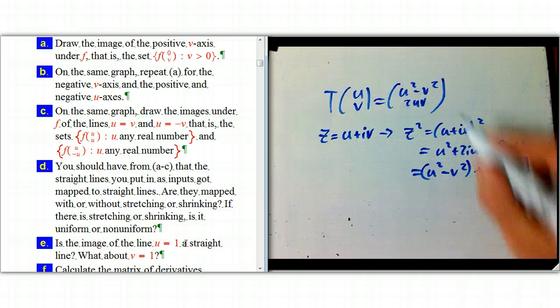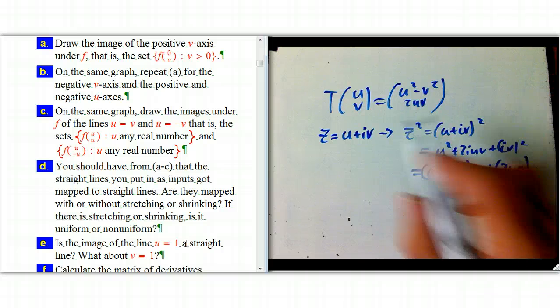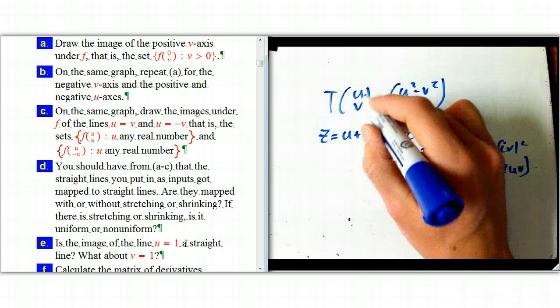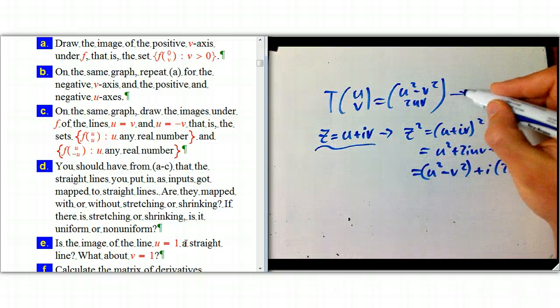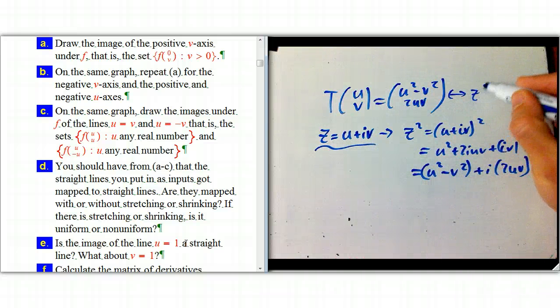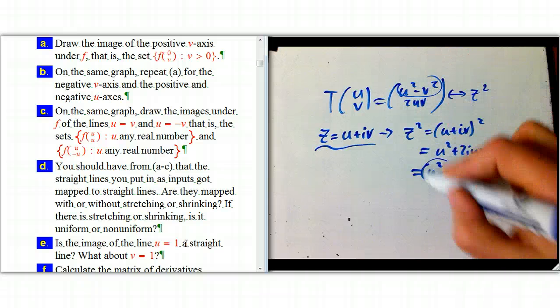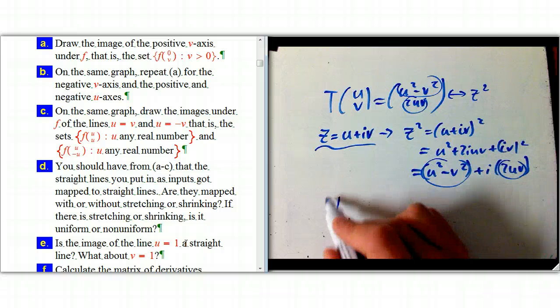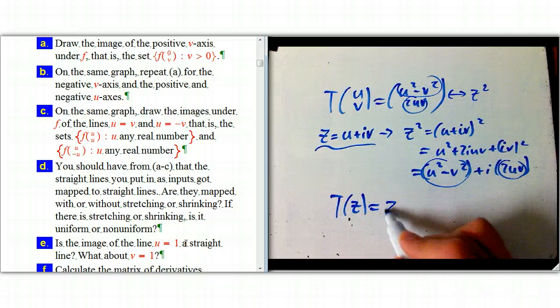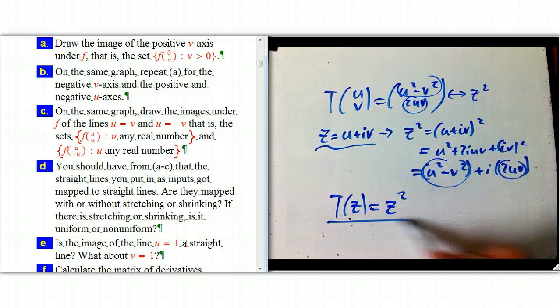That's interesting. Look at that. So if I think of (u,v) as a point in the plane, parameterizing a complex number, then this guy corresponds to just z squared, because there's the real part of z squared, and here's the imaginary part of z squared. So the simple description is, if you like complex algebra, T of z is just z squared.